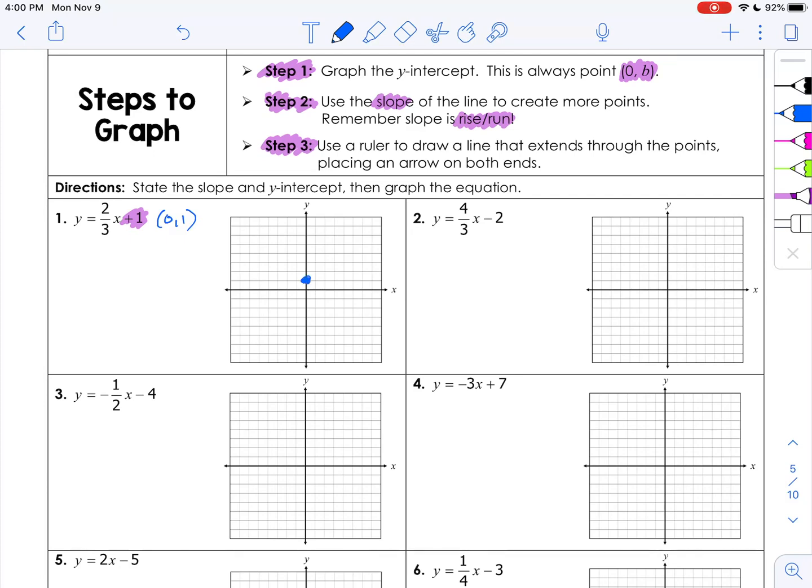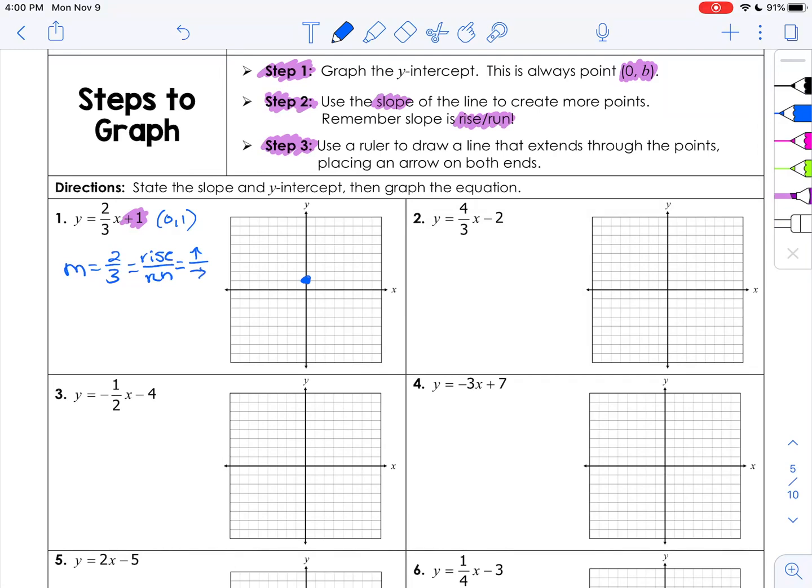Then, from that point, we're going to use our slope, so we can see our slope is 2/3 to graph at least 2 more points. And remember, that's rise over run. So since it's a positive 2, we're going to go up 2, and then it's a positive 3, we're going to go to the right 3.